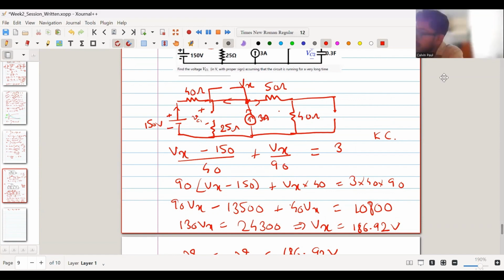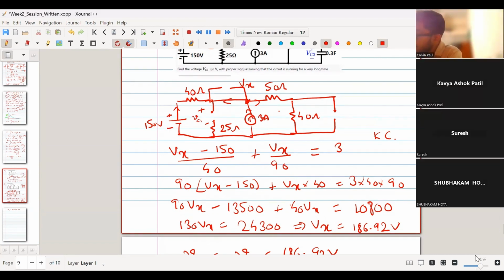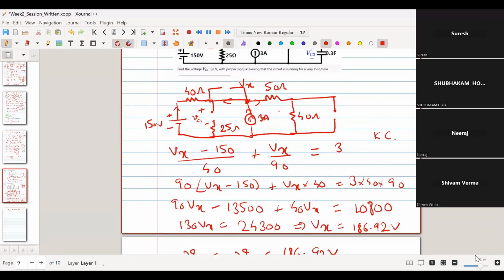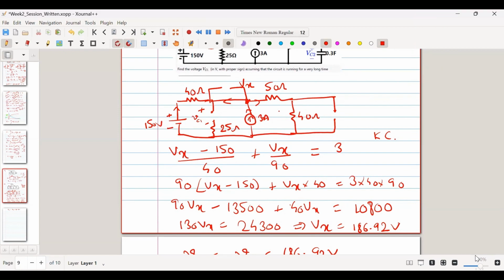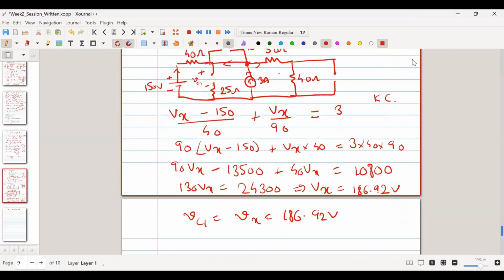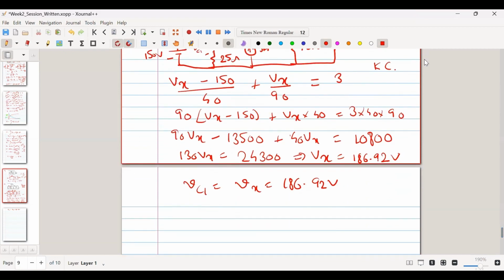Kavya or Suresh, tell me. Neeraj, you are not writing anything. Minus 0.93. Okay, so your current is minus 0.93.